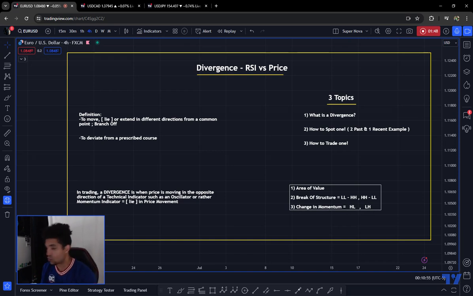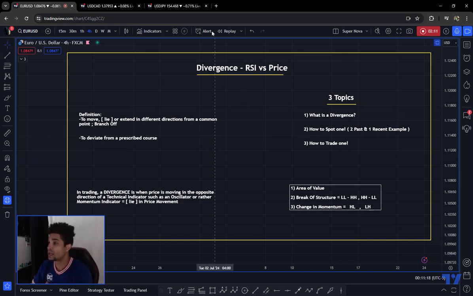For example one, we have a lower low going into a higher high. For example two, we have a higher high going into a lower low. And then three, I want to see some sort of change in momentum. In example one, this is going to be a higher low, and for example two, this is going to be a lower high.